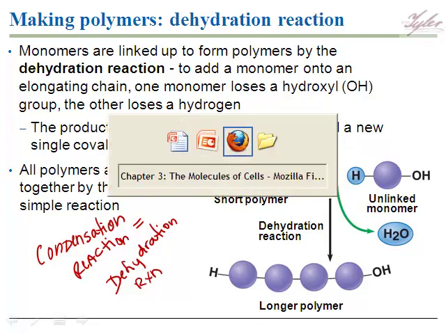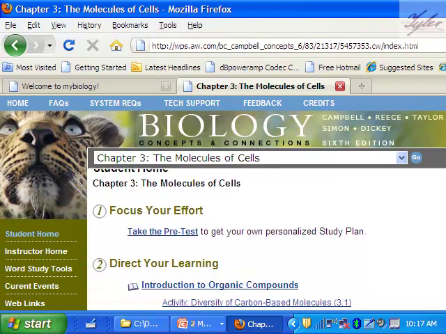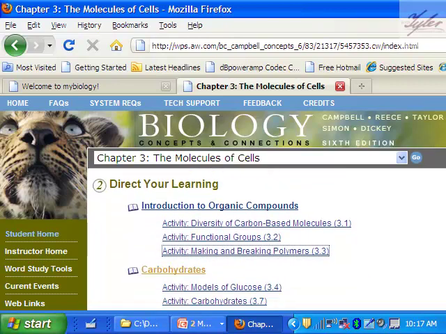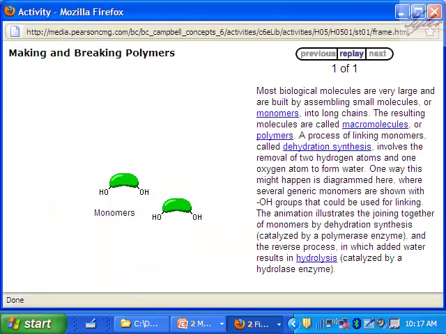Now when you see this, you'll want to pay attention to your textbook website, and here we have it. And we can come down to making and breaking polymers. Molecules are very large and are built by assembling small molecules, or monomers, into long chains. The resulting molecules are called macromolecules, or polymers.